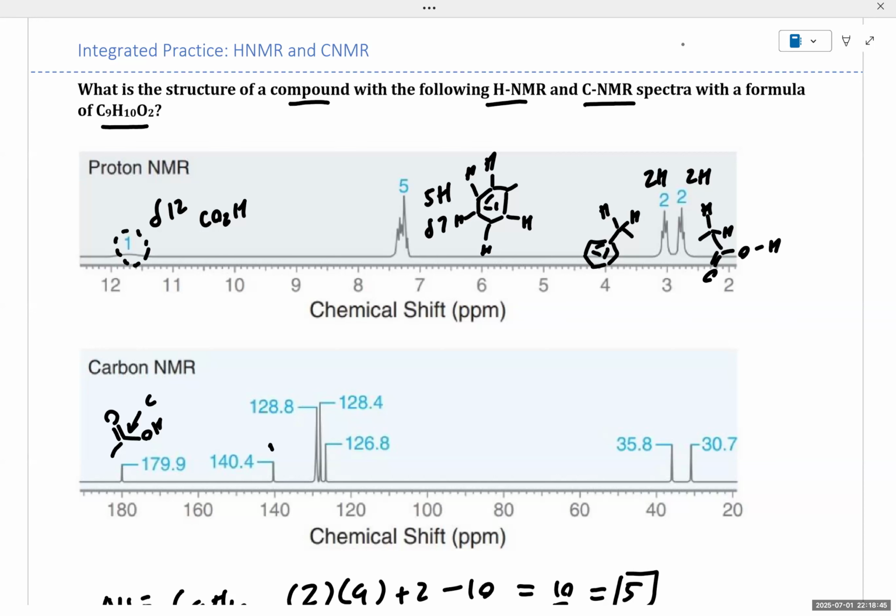We also see 1, 2, 3, 4 aryl carbons. And we see 1, 2 alkyl carbons. So in this case, we see we have 1, 2, 3, 4, 5, 6, 7. So we have 7 unique carbons.